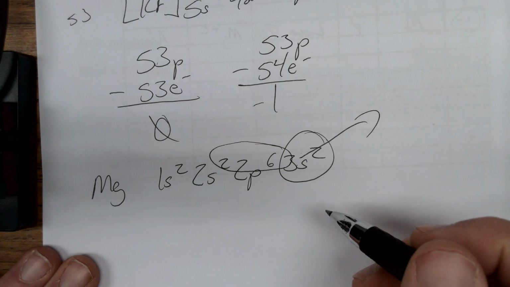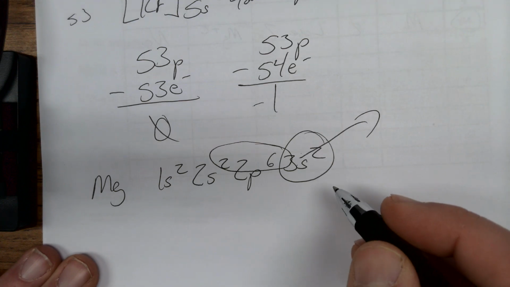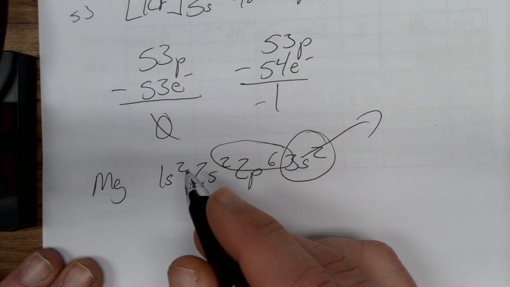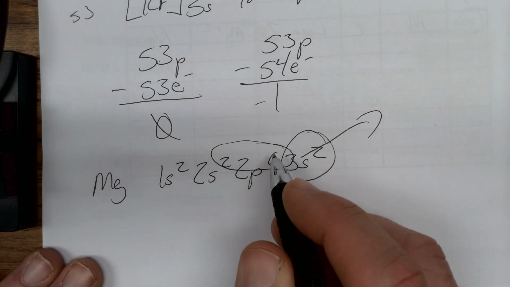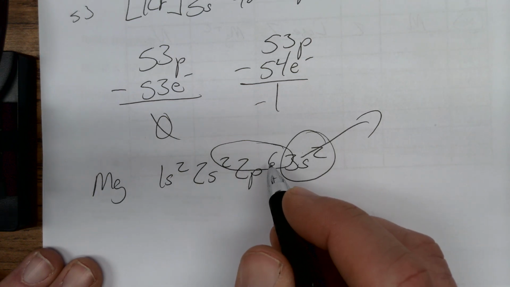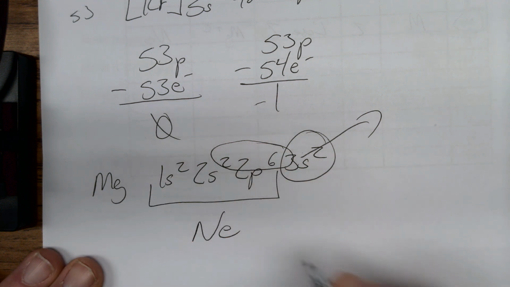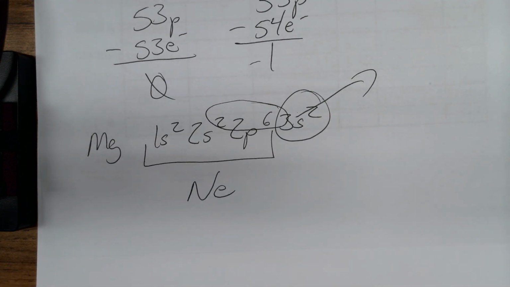So I've hit my target. Now I'm looking for which noble gas has 2, 4, 10 electrons. That looks a lot like neon to me. Because of that, it's stable.